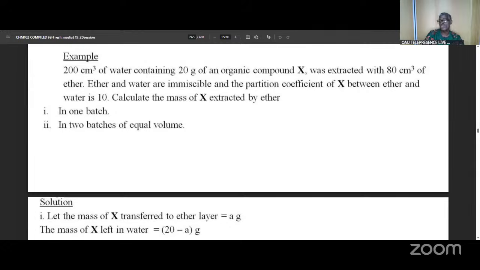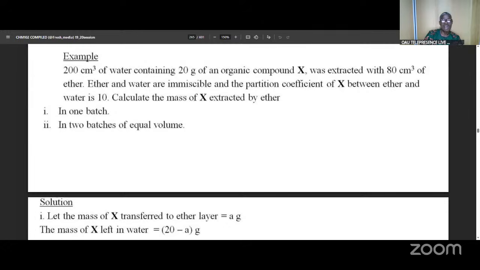It's either you have one batch, that is, you use the whole volume of your solvent at once, or in two batches.